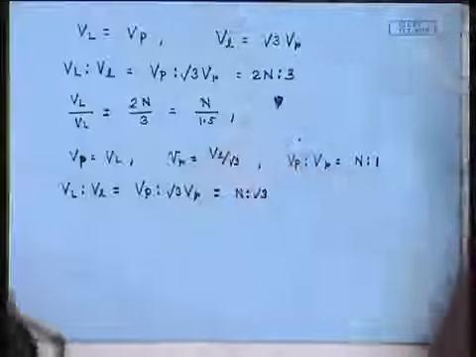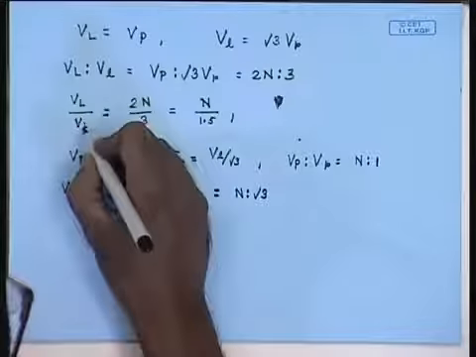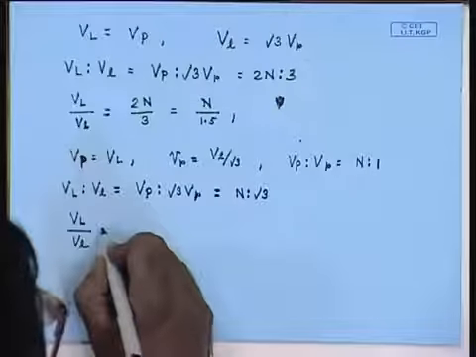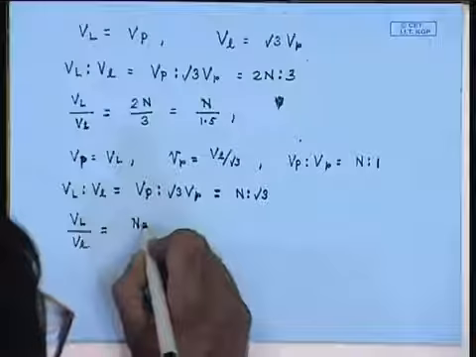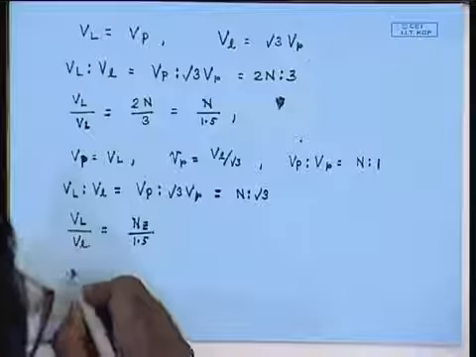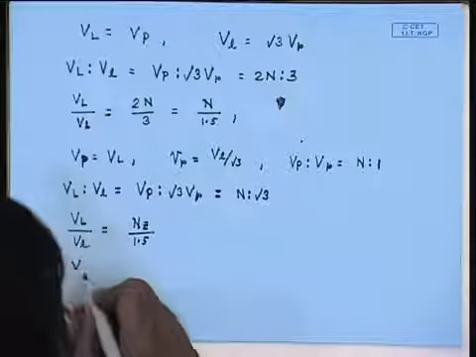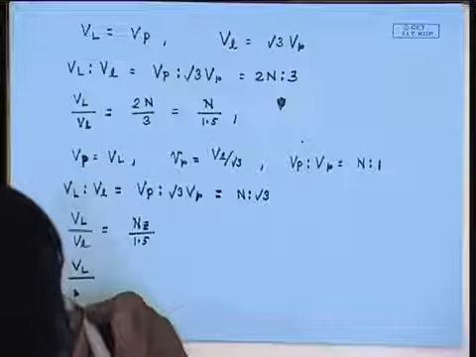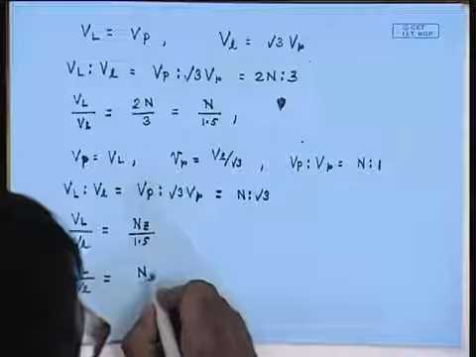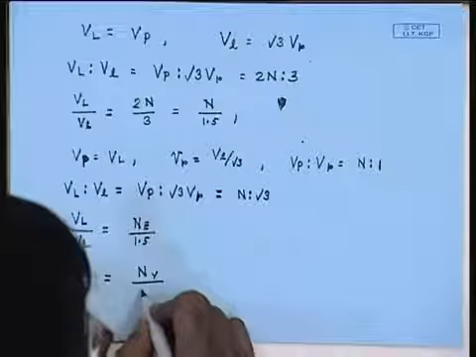So, suppose I have two transformers, one is delta zigzag star with turns ratio Nz. So, VL is to VL there is Nz into is to 1.5. In the other case, I have the same line voltages, but with delta normal star. This is Ny by root 3.